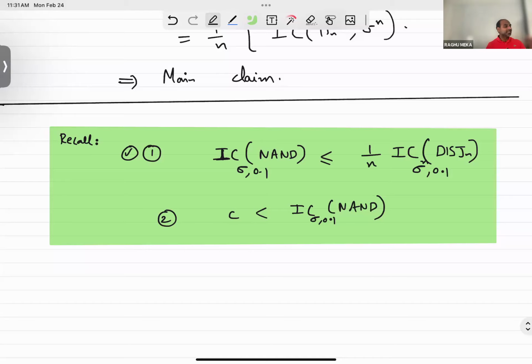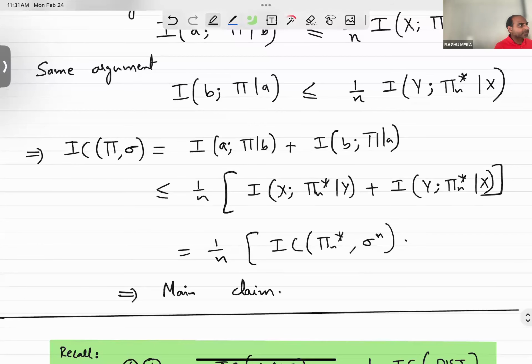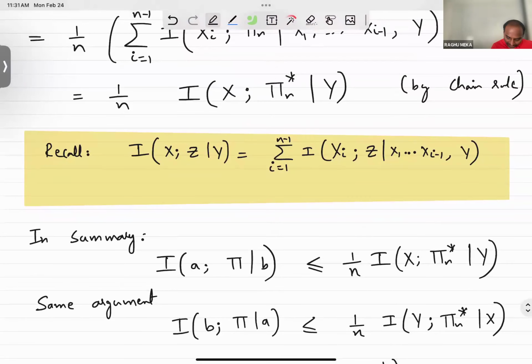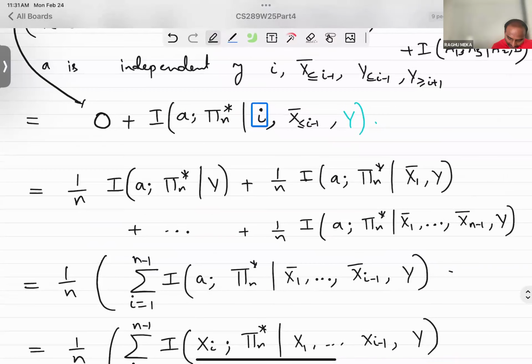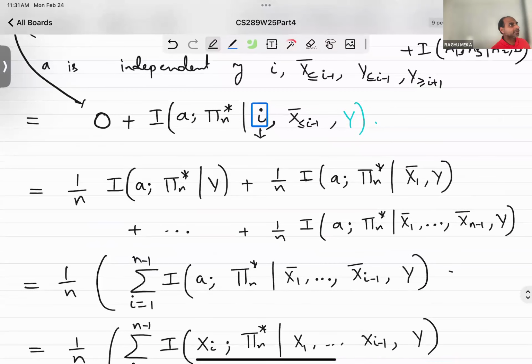This sounds very believable. Yeah, question? Right, so this is coming from conditioning on I, right? So how do we define conditional mutual information? You look at the probability that I equals 1, and then you fix I to be 1, right?